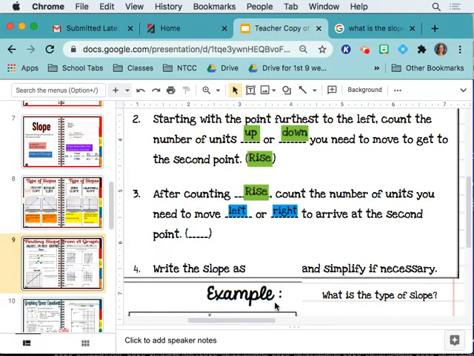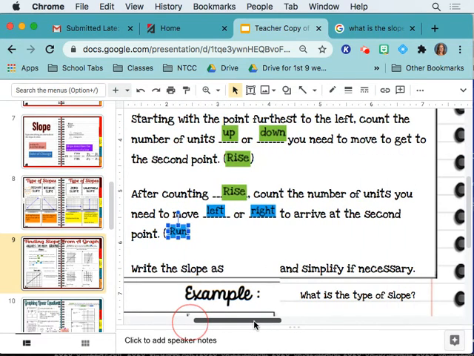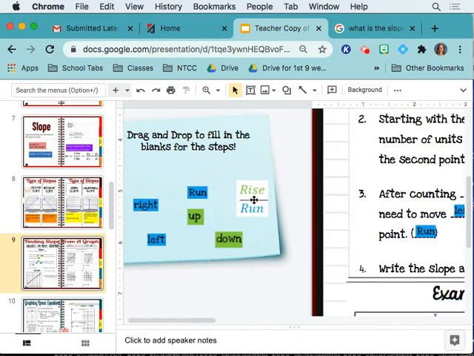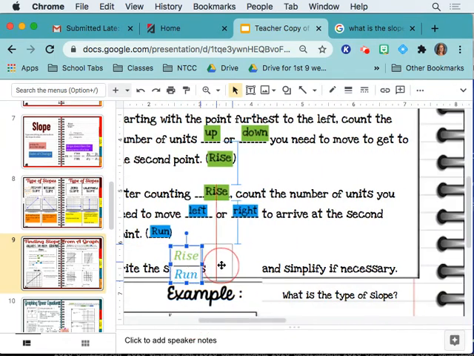And if you go left and right, that's called your run. Are we supposed to have a few left over? I'm not sure. We'll see. Write the slope as a fraction, rise over run, and simplify if necessary.